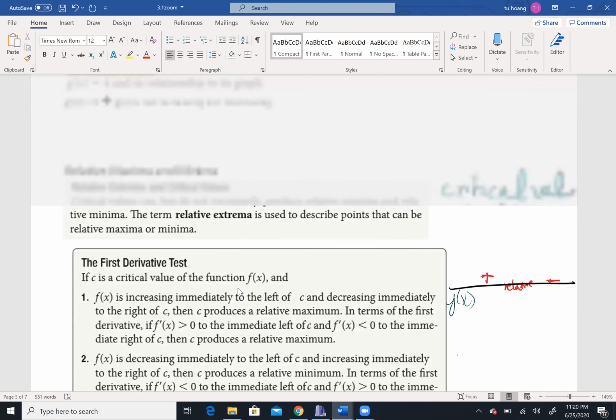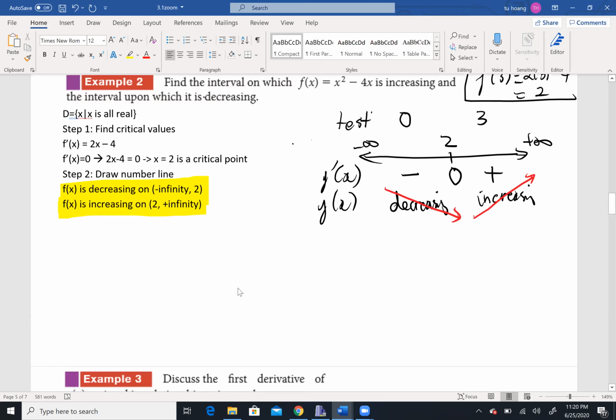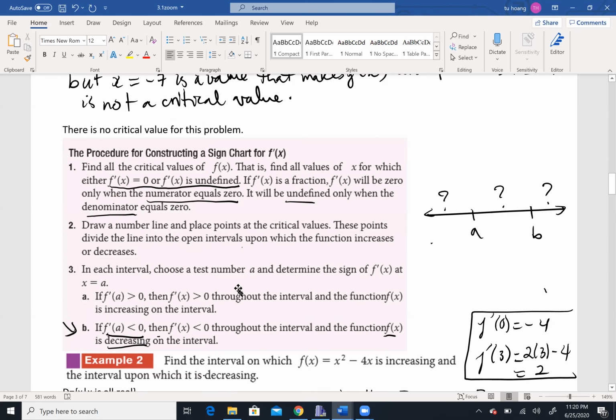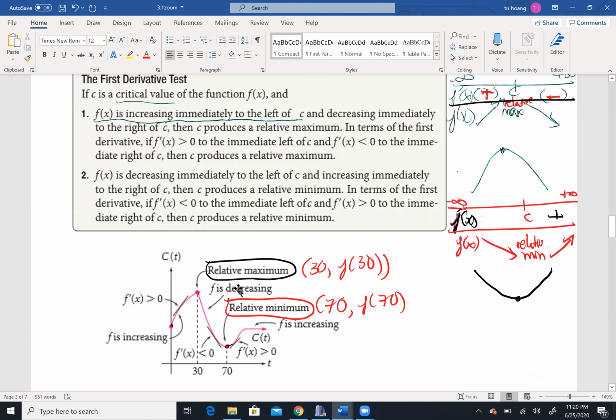I forgot. Let me see. Sign chart. Okay, so set up a sign chart for f prime of x.